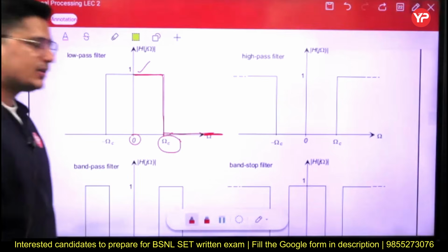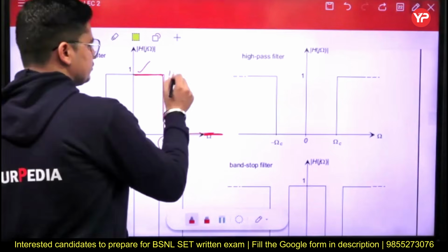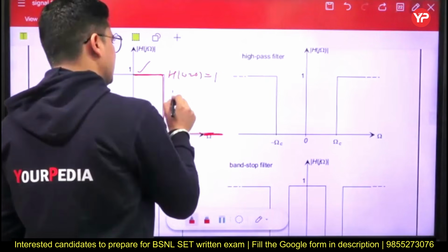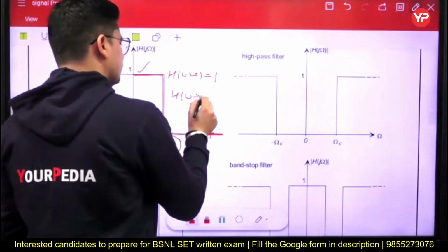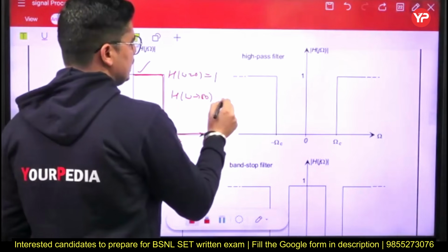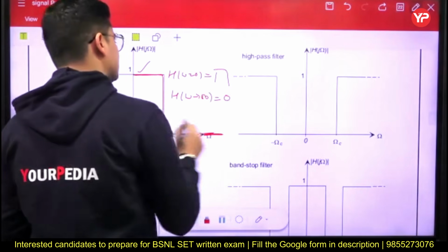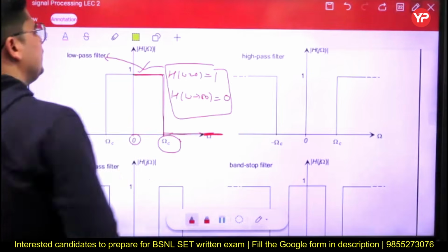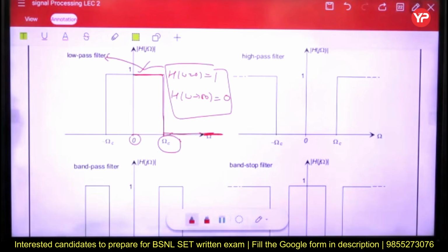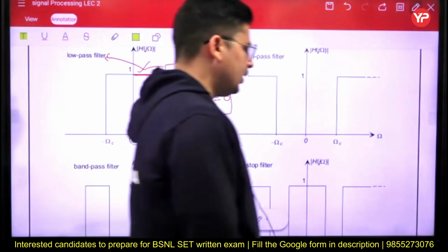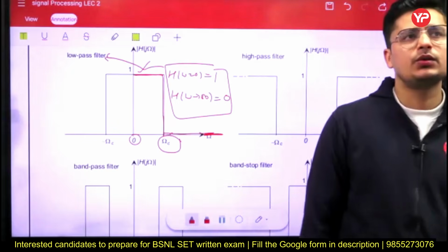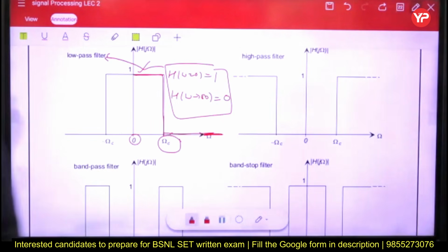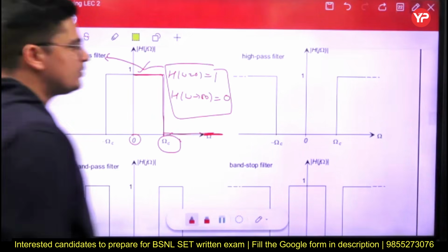So if you see that at omega equals 0 the gain is 1, and at omega equals infinity the gain is 0, then this filter is always a low pass filter. So we have to calculate the given filter's gain at omega equals 0 and omega equals infinity. Then we can understand that it is a low pass filter.